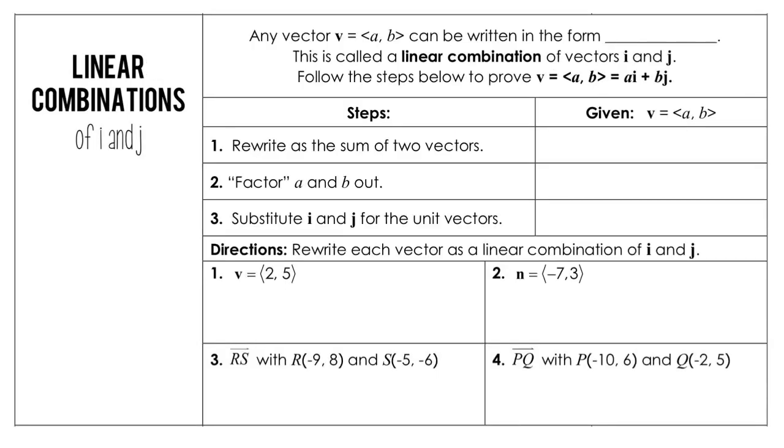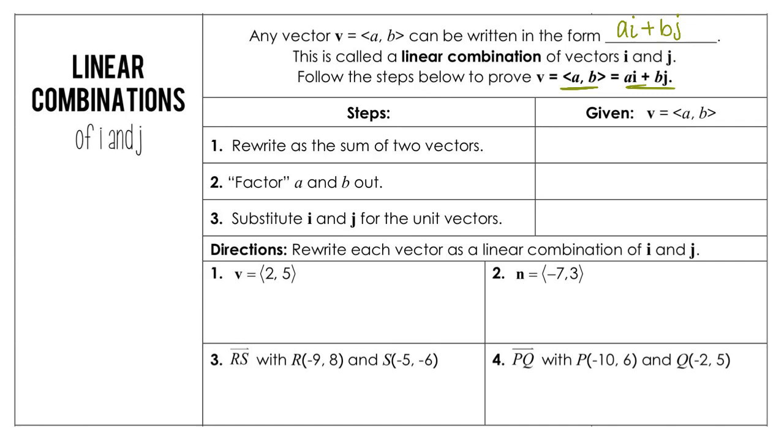Now any vector v, written in component form, we can rewrite in terms of a linear combination, written as a times i plus b times j. This is called your linear combination, and we're going to walk through the steps on how to show that the component form does become ai plus bj.